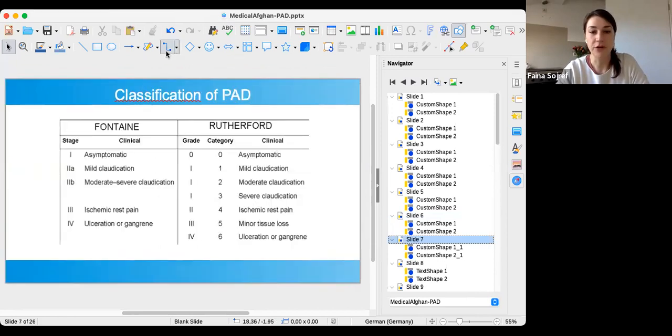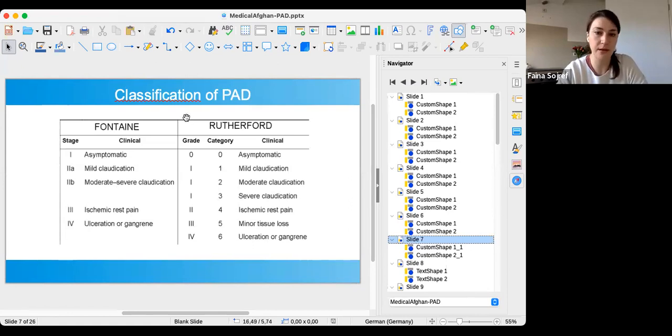If we try to classify PAD, we base the classification on the progress of the symptoms. In Europe, I'm used to working with the Fontaine classification, ranging from asymptomatic to claudication, then ischemic rest pain and ulceration.